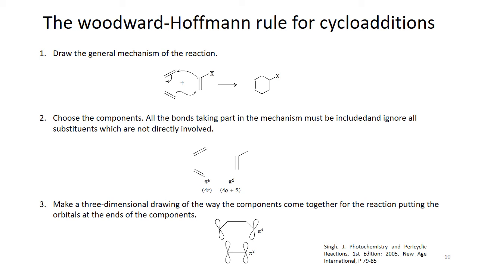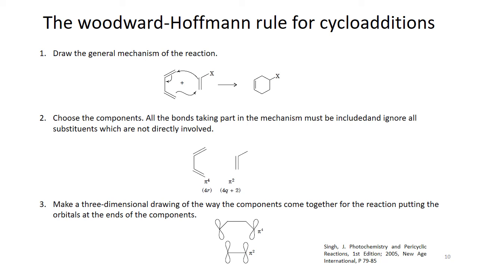We already know how to make the component designations, because we count the number of electrons. If it is a pi electronic system, we designate it as pi and write the number of pi electrons with it. In the butadiene case we have 4 electrons, so we write it as a pi 4 system.